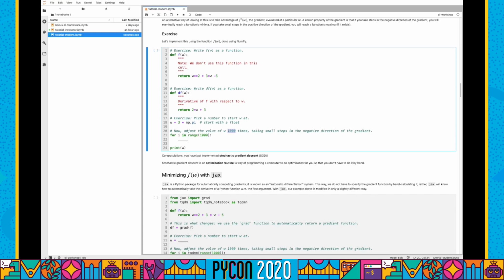So how do we do that? For i in range 1,000, w is equal to w minus the derivative function evaluated at that particular value of w times a small number. And just so you know, 0.01 is an arbitrary number chosen, which is the step size taken.